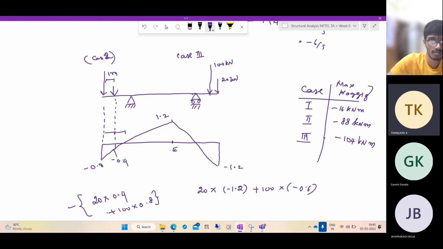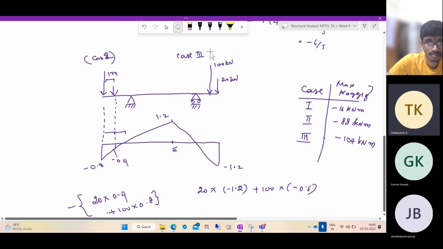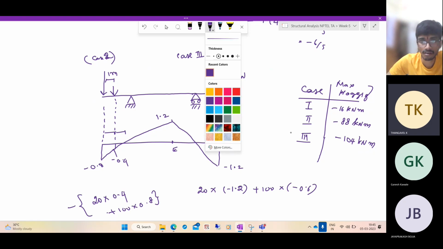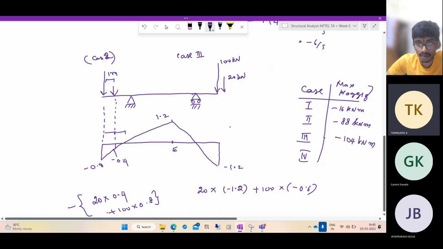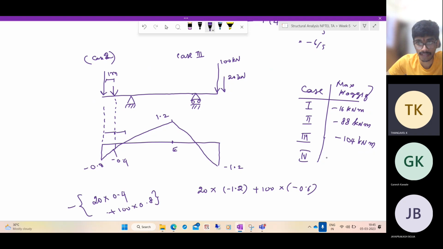And suppose we consider case 4 like this. In case 4, what do we have? We have 100 acting at 1.2, so it is nothing but minus 120 kilonewton meter.